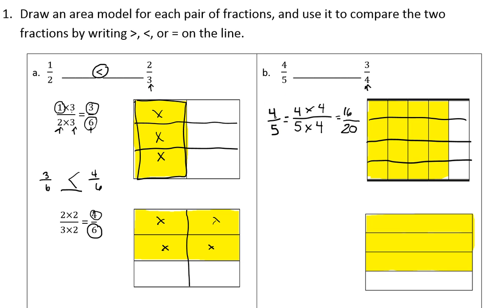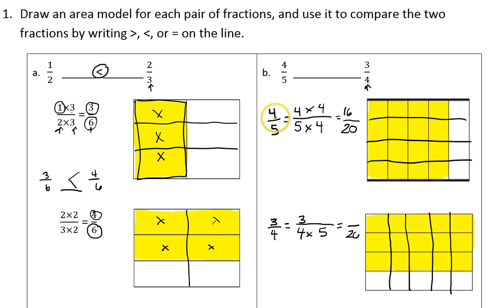We'll go down to the fraction model below. It starts off as 3/4, and now I'm going to draw the fifths on top of the 3/4. So I'll draw those vertical lines that match the lines from the fifths above. And now let's see what we did here. We started with 3/4. When we drew our fifths on top of the fourths, we separated the rectangle into 20 pieces.